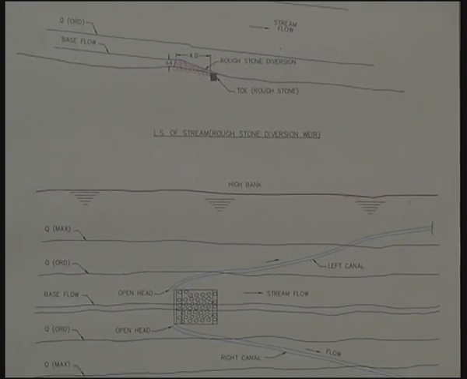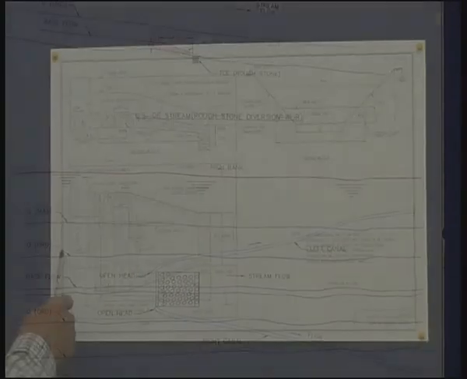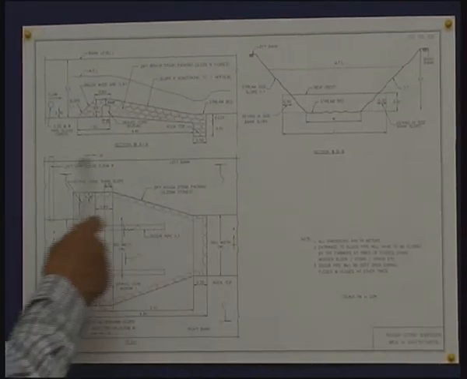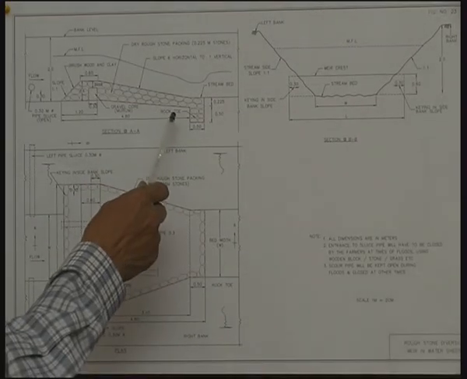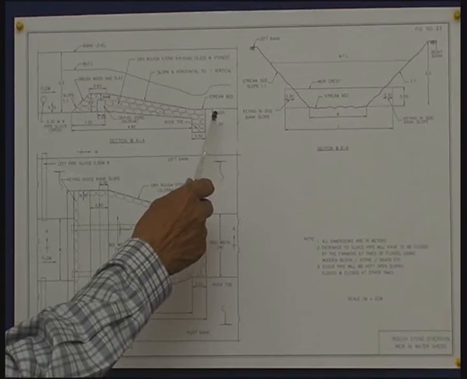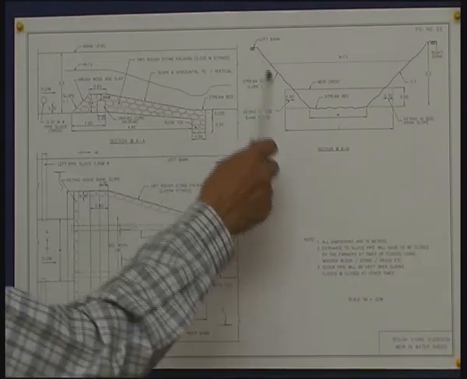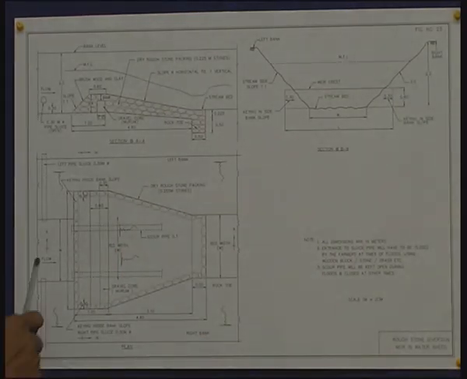We will now go through the technical details of this structure. This is the plan of the structure and the stream, and this is the cross section of the structure and the longitudinal section of the stream, and this is the cross section of the stream. Let us first go through the plan.